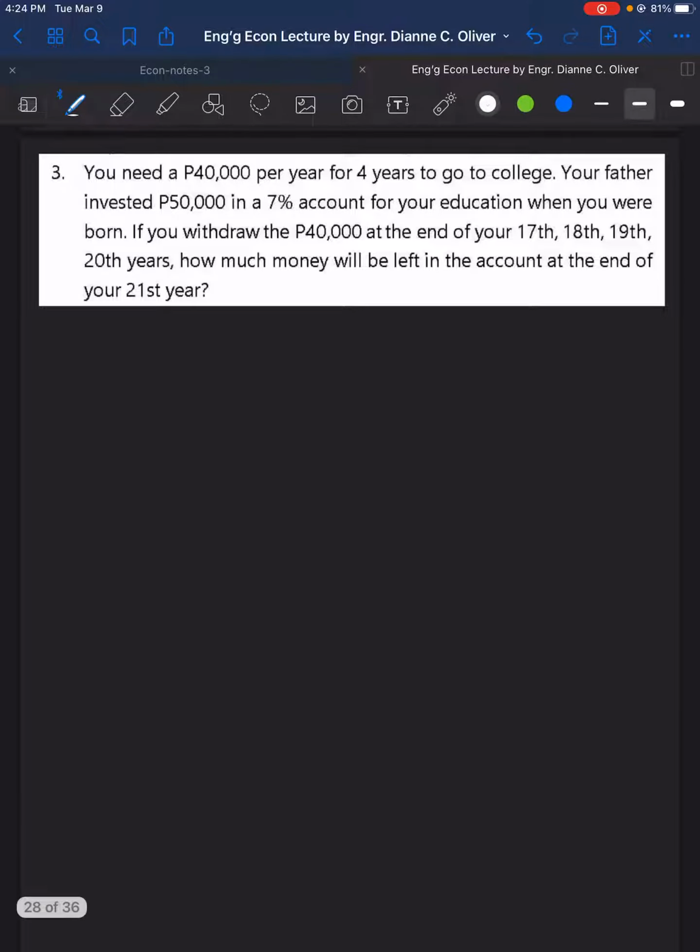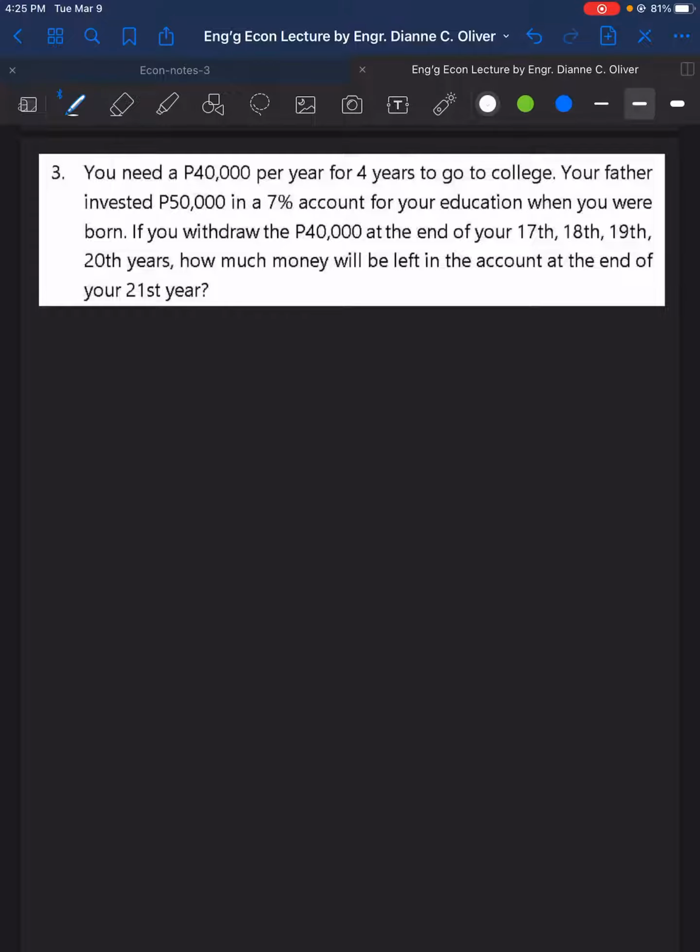You need 40,000 pesos per year for 4 years to go to college. Your father invested 50,000 pesos in a 7% account for your education when you were born.